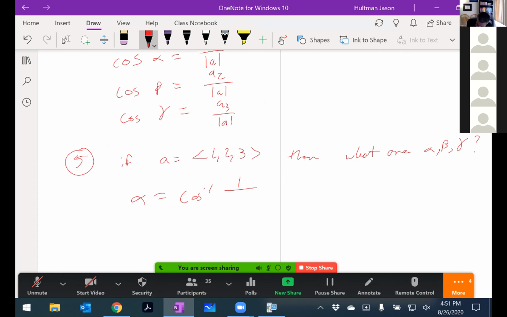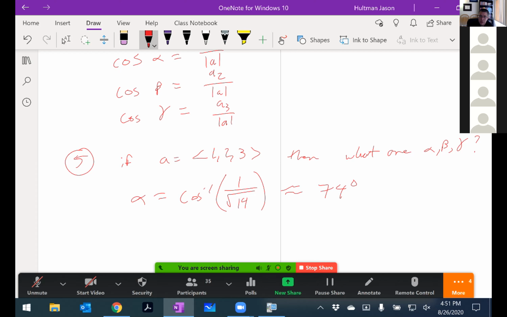Well, what's the magnitude of this? 1, 2, 3. Well, that's just the square root of 1 squared plus 2 squared plus 3 squared, which is radical 14. So this is the inverse cosine of 1 over radical 14, which is approximately 74 degrees.